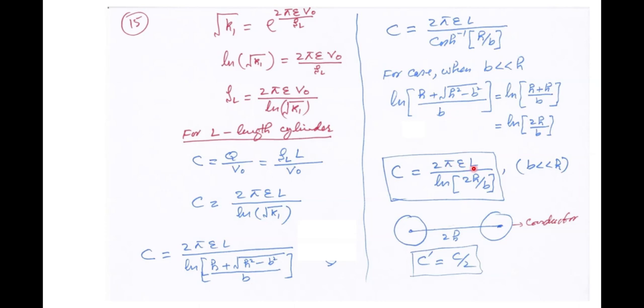That is 2 pi epsilon L divided by ln 2h divided by b. So this is actually the capacitance between two cylindrical surfaces. This actually represents half of the capacitance between two cylindrical surfaces.